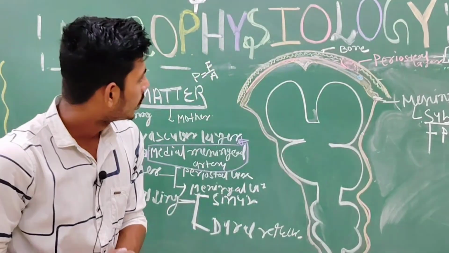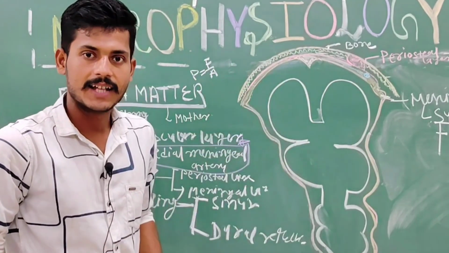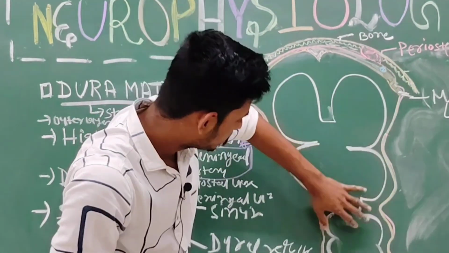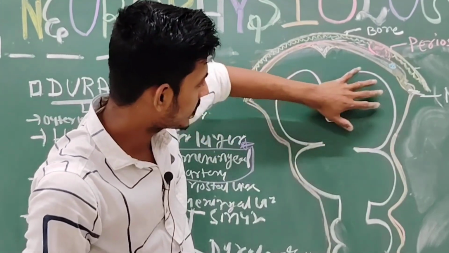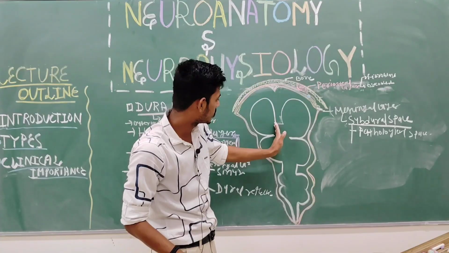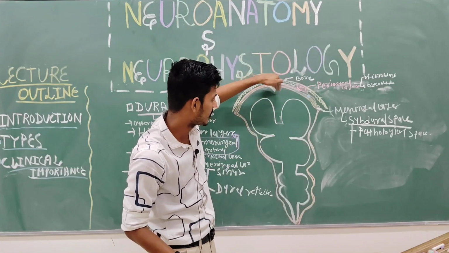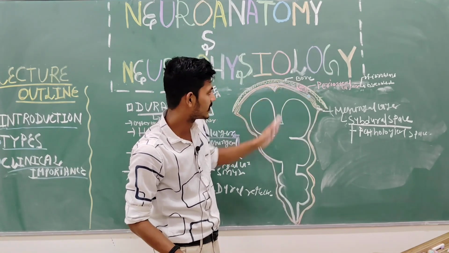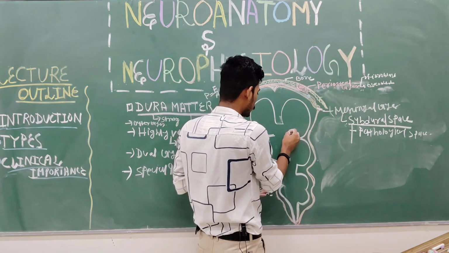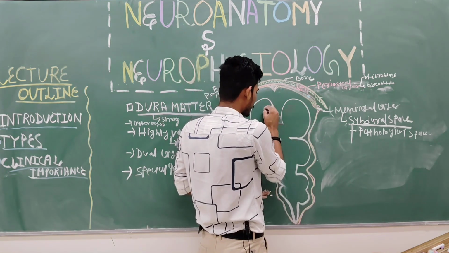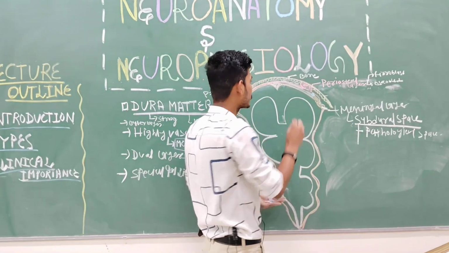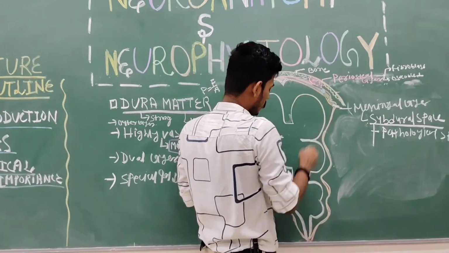The function of this dural venous sinus is that it is the house of venous drainage. From the cerebrum, there are veins which drain in this area, and these veins are basically called the bridging veins, which help drain the cerebral venous blood into the dural venous sinus.